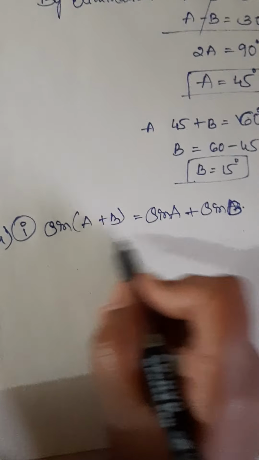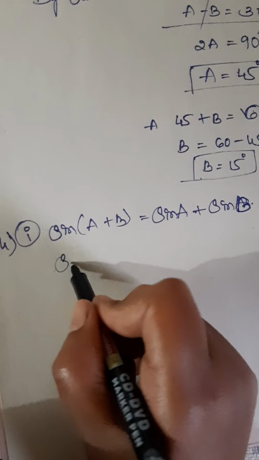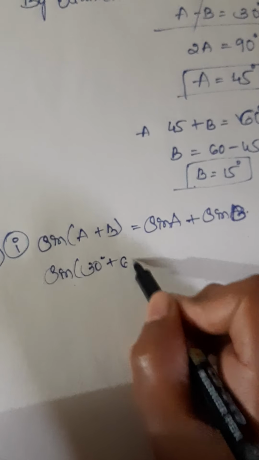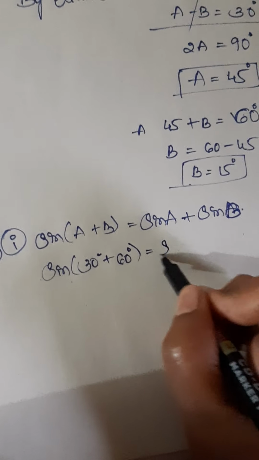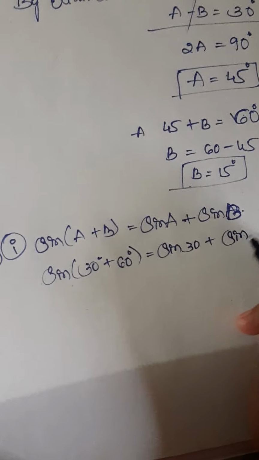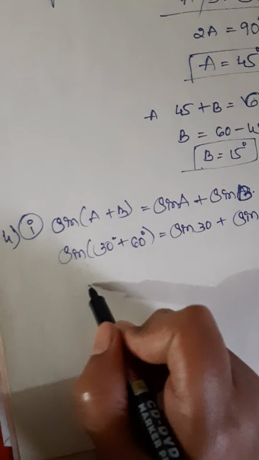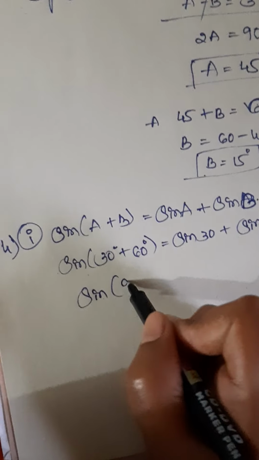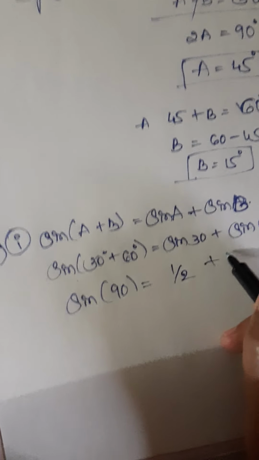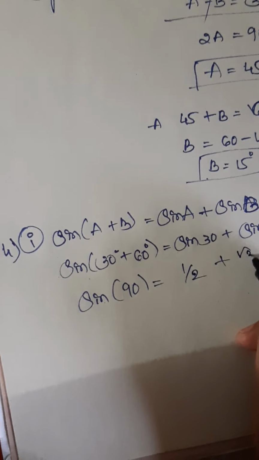So suppose we are not having anything, in the place of A let's take 30 degrees, and in the place of B we are taking 60 degrees. So sin 30 degrees plus sin 60 degrees. Sin(30 + 60) is sin 90 degrees here. Sin 30 value is 1 by 2 and sin 60 value is root 3 by 2.